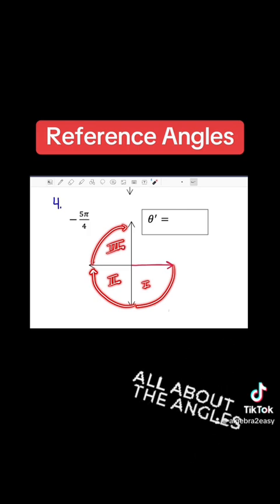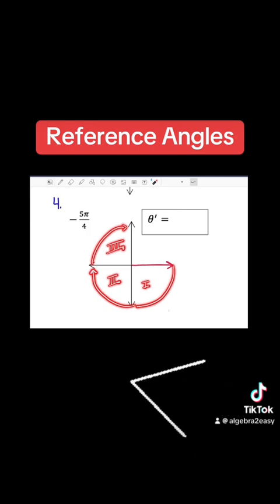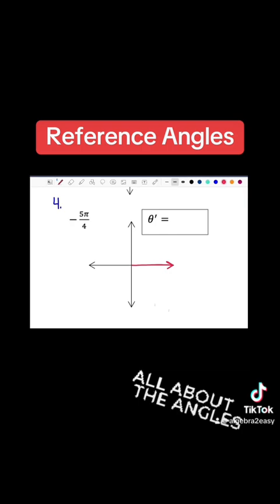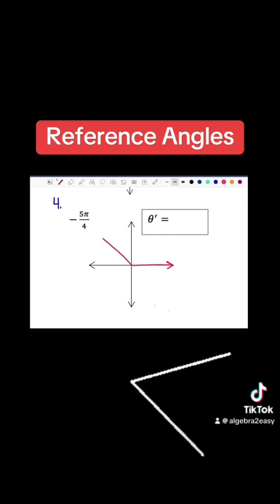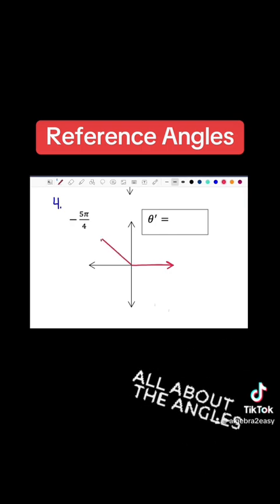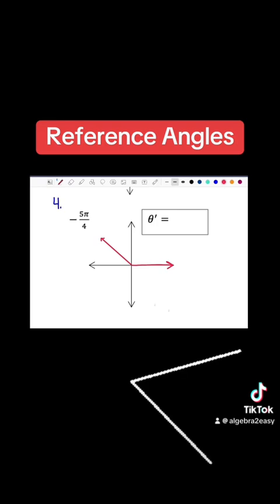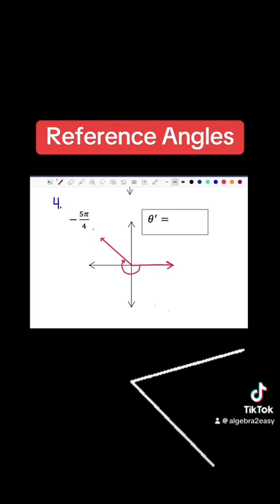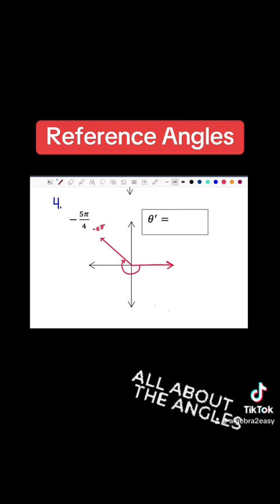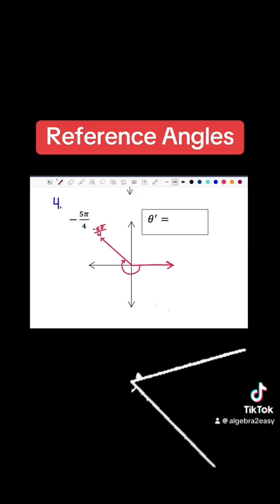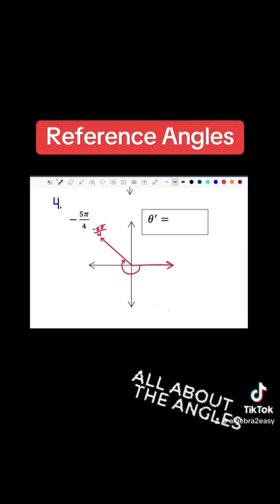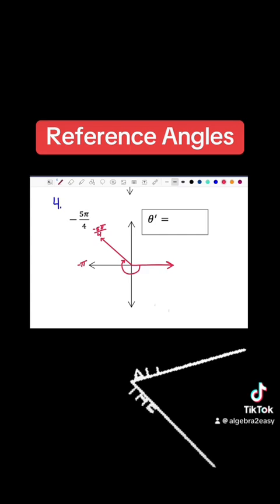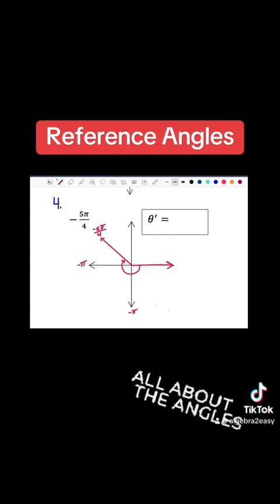So negative 5 pi over 4 is going to be located here in quadrant 3. So I'm going to sketch my angle, draw my directional curve, and label this as negative 5 pi over 4. As a frame of reference, I'm going to label this as negative pi, and this would be negative pi over 2.